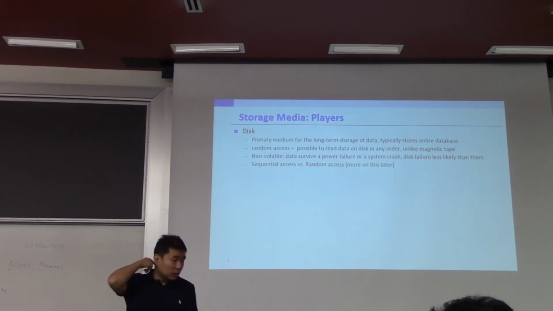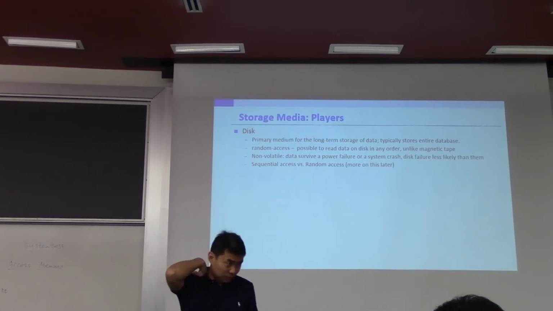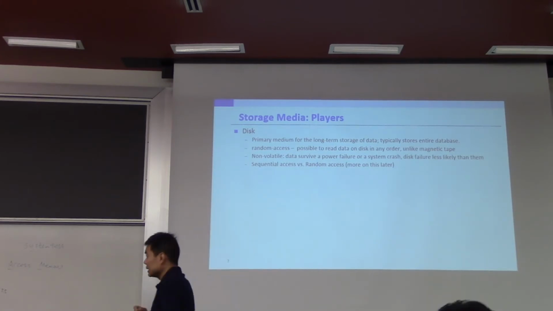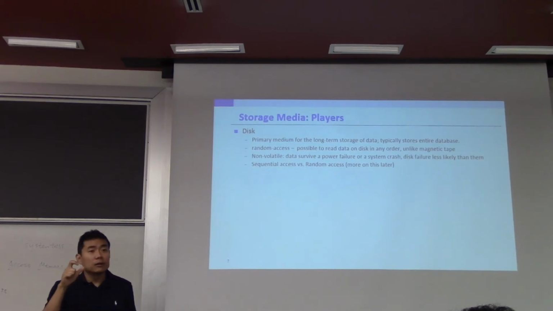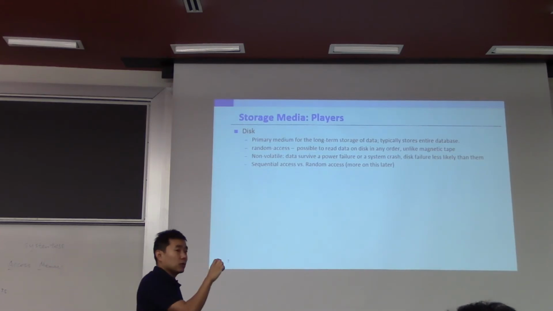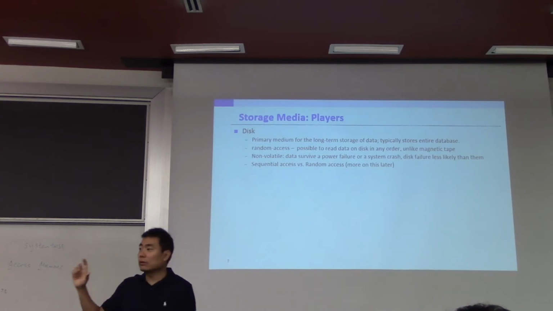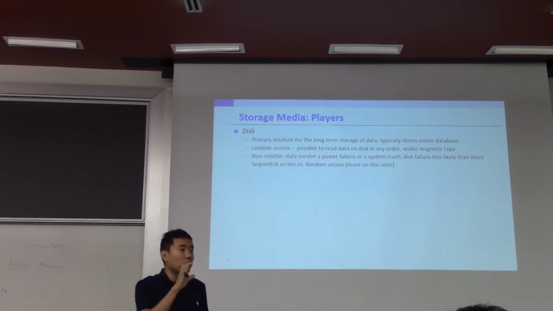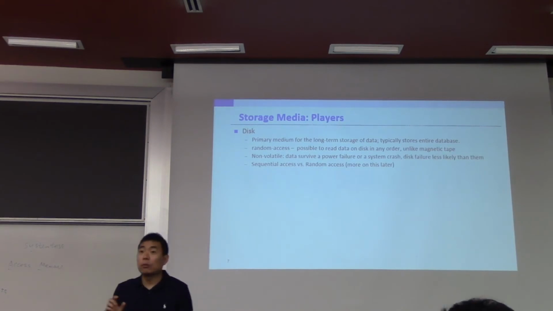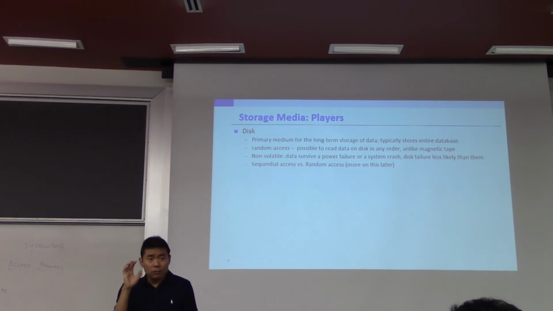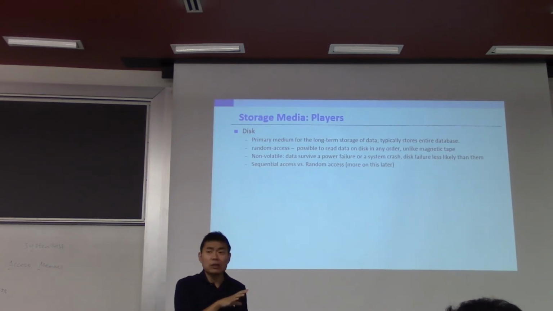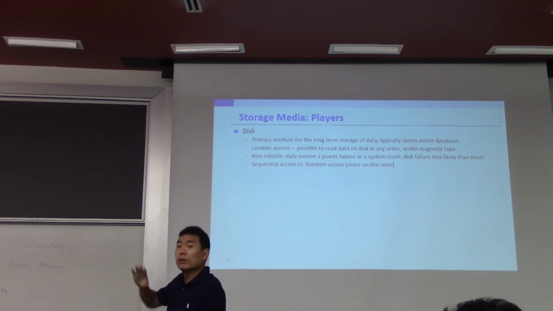And furthermore, the other thing I want to comment on, and I will illustrate in details in the next few slides, is that hard drive, whether it's magnetic disk or solid state drive, they both support random access as well. But we don't call them random access disk for the reason that if you do random access on disk, it actually matters where you go.